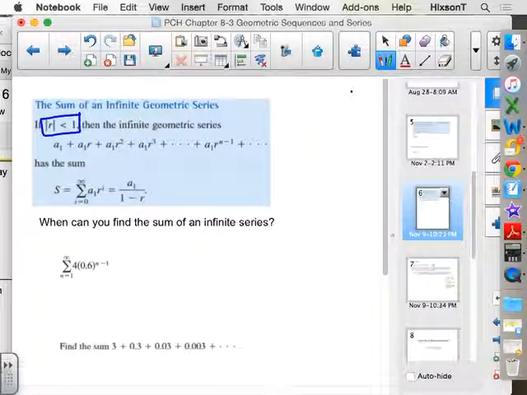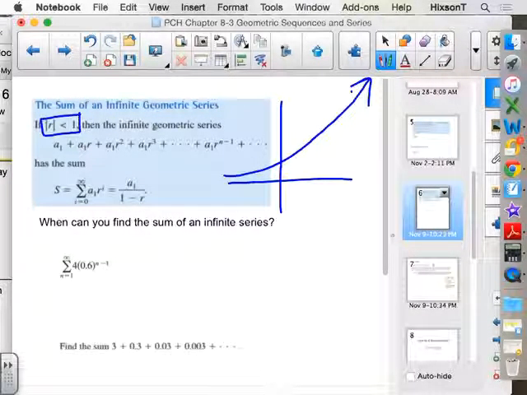Now, we mentioned already that a geometric has kind of an exponential relationship. Exponentials, however, can go like this. Or if this r is a fraction, how would that look?